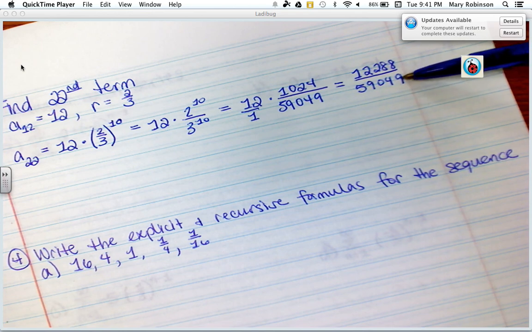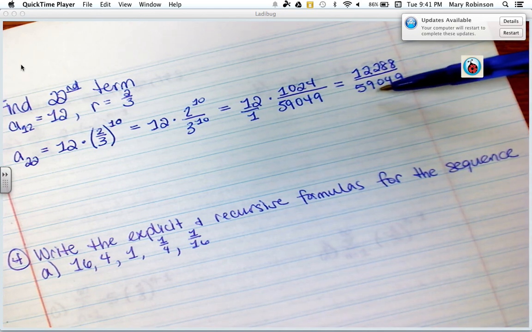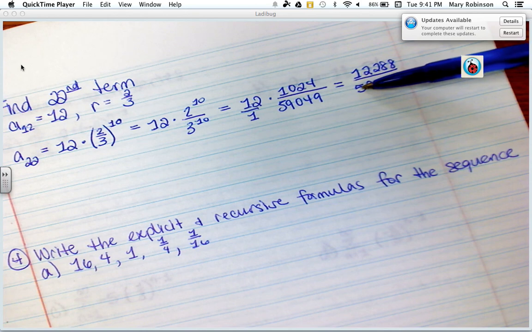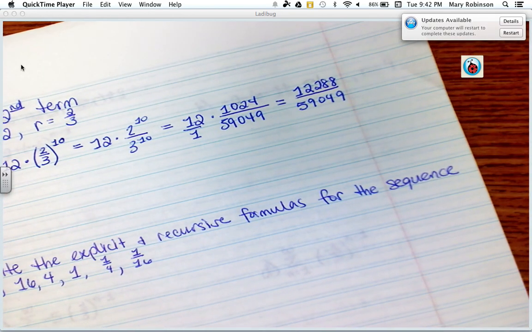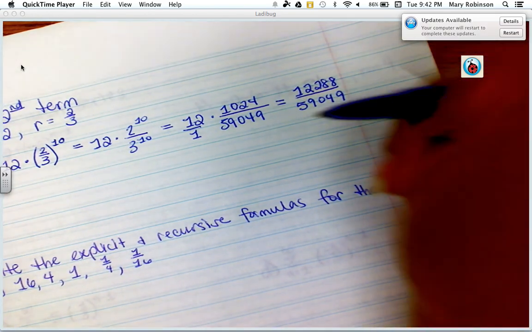So 9 plus 4 is 13, 13 plus 9 is 22, 22 plus 5 is 27. And 27 is also divisible by 3. So we know that we can reduce this fraction by a factor of 3.